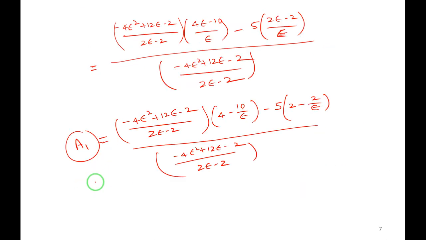Let me check for this big one. Let me substitute 0 here. I will be getting minus 2 by minus 2 into 4 minus anything divided by 0, which is infinity, so minus infinity. Minus 5 into 2 minus anything divided by 0 is infinity.